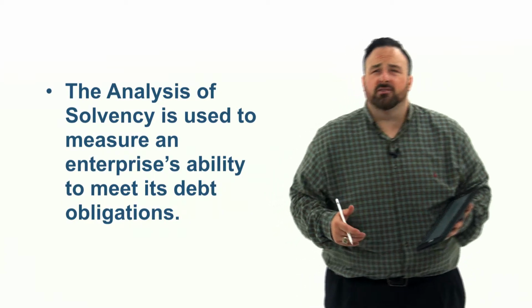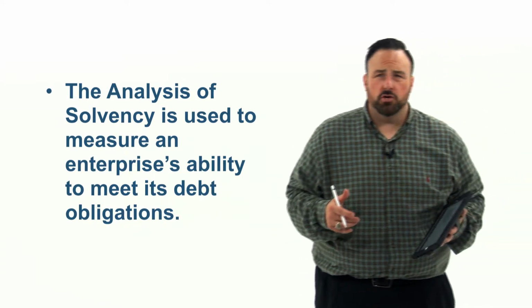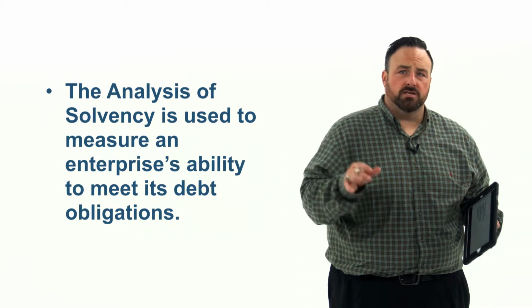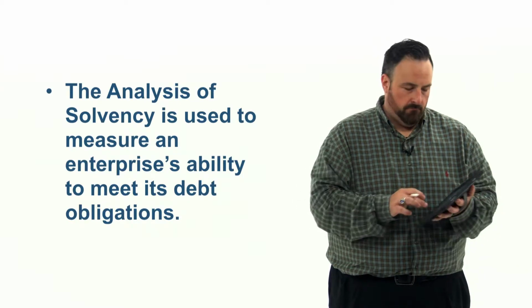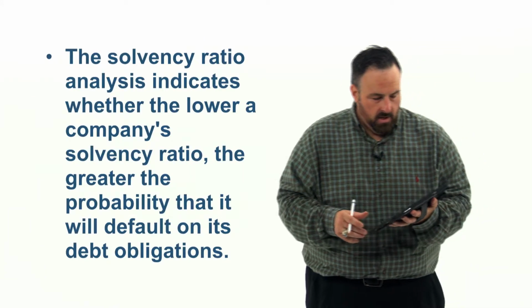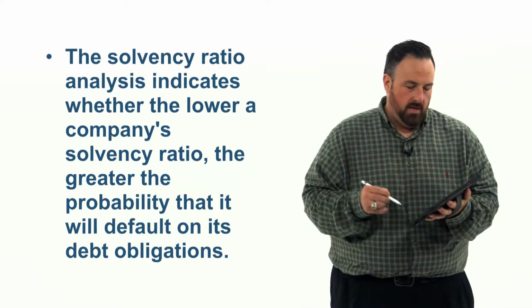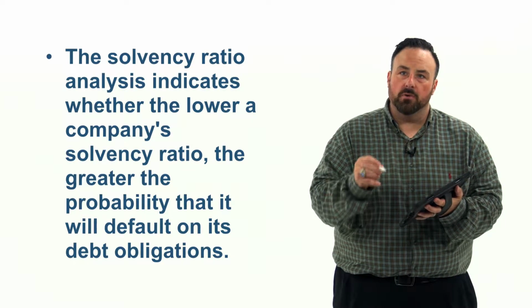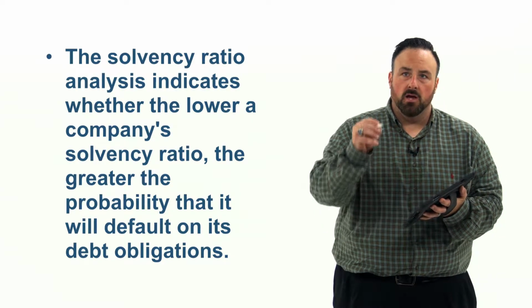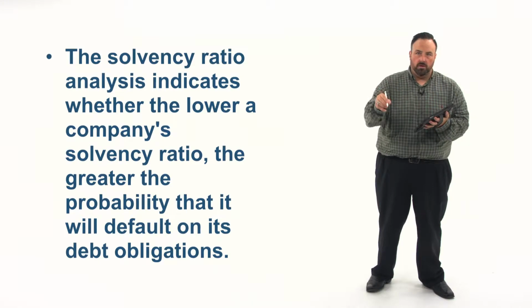Okay, so the analysis of solvency is used to measure an enterprise's ability to meet its debt obligations, primarily the long term. Now, this ratio indicates that the lower a company's solvency ratio, the greater the probability that it will default on debt obligations.